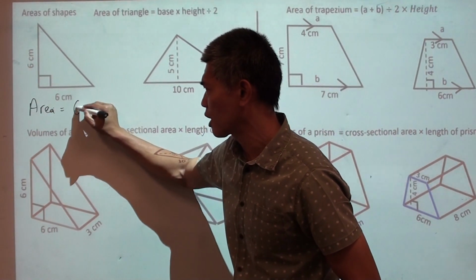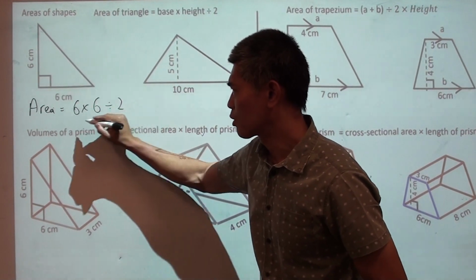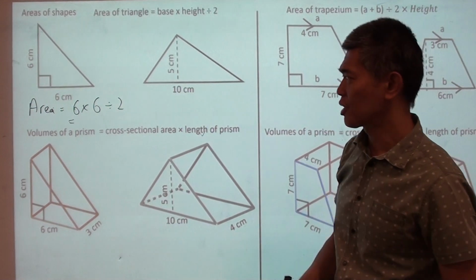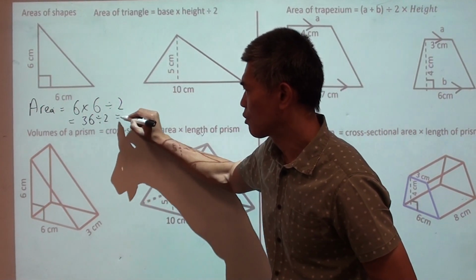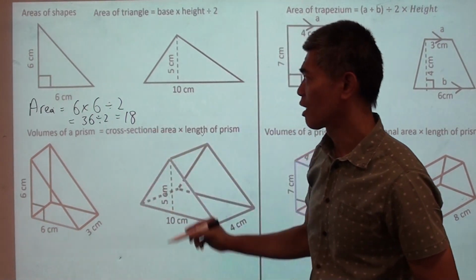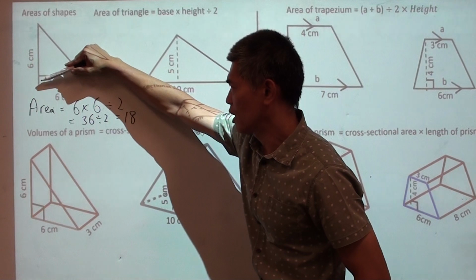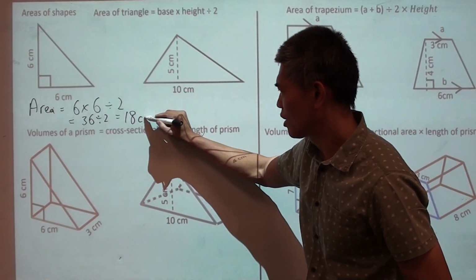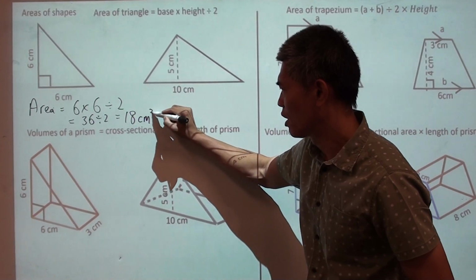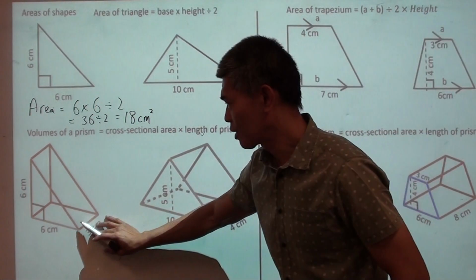Area equals 6 times 6, that's base times height, divided by 2, so you have 36 divided by 2, that gives you 18. Now the units: because it is in centimeters, the area is 18 centimeter squared.